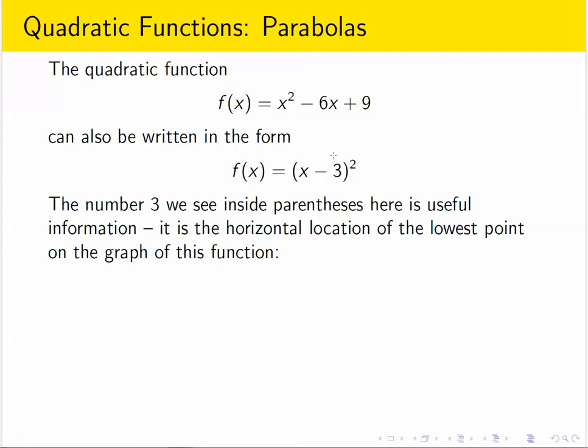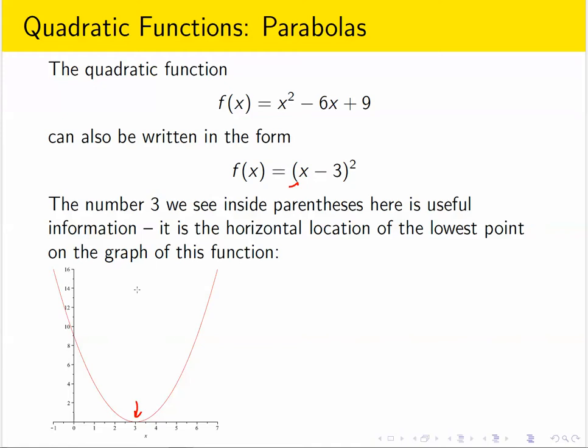So in particular, this 3 we see is the horizontal location of the lowest point on the graph of this function. Taking a look at the graph here, it's just as we described. The lowest point occurs when you plug in a 3, and every other value is bigger than that.